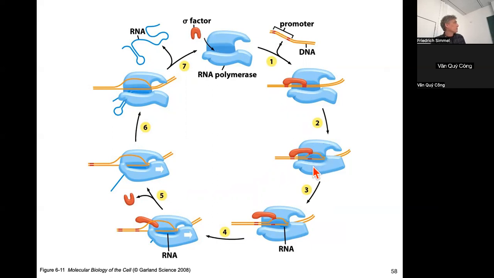And this opens the so-called transcription bubble. And there will be the production of RNA. And at one point, the RNA might form some kind of major secondary structure which terminates the process. And the RNA is released, and the polymerase can synthesize another RNA strand. So these are these things.